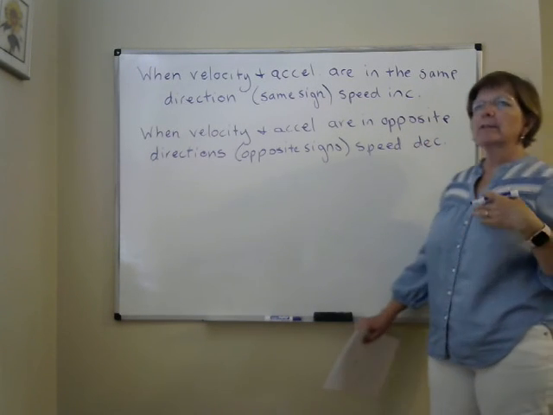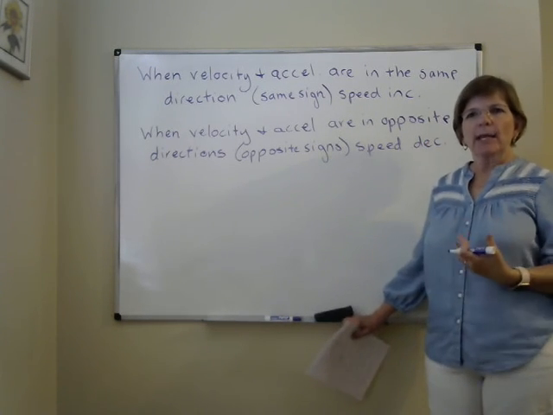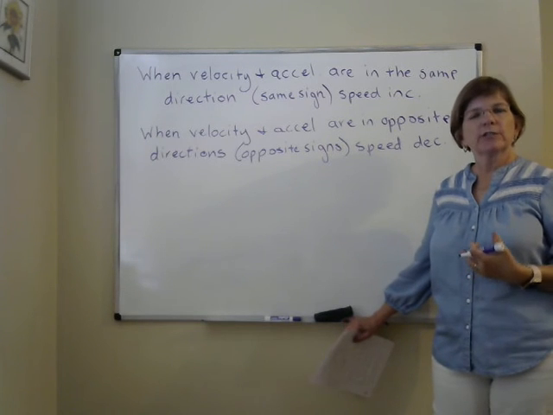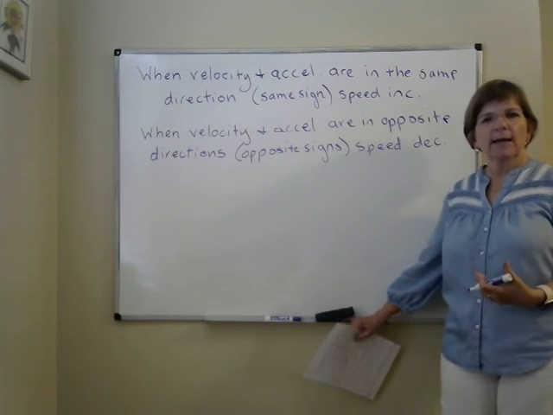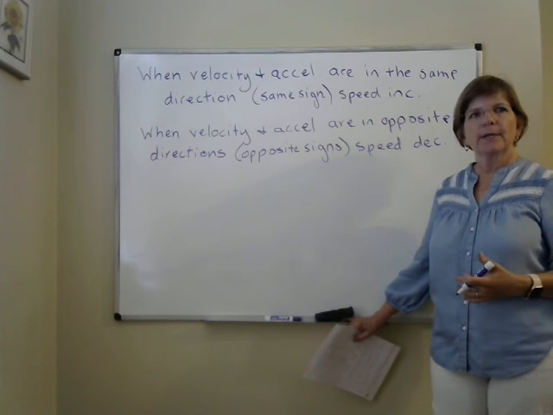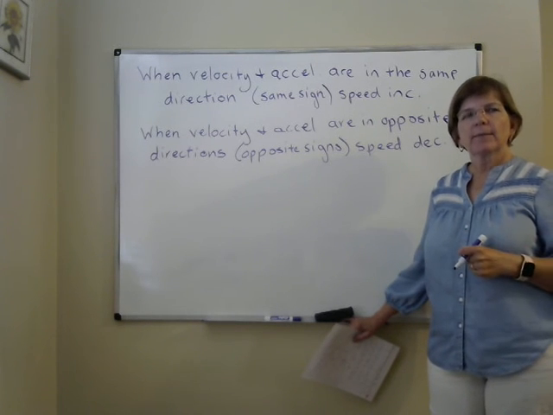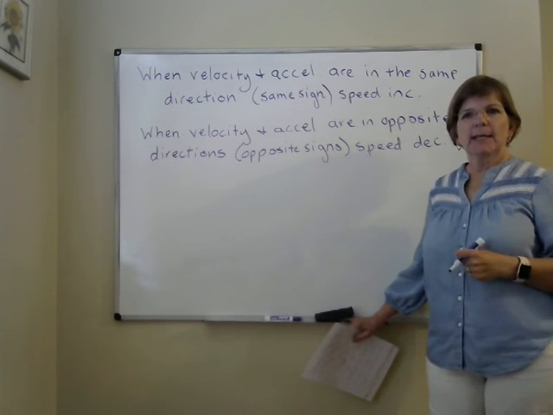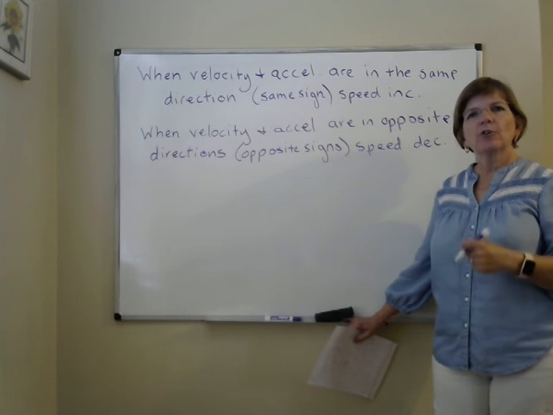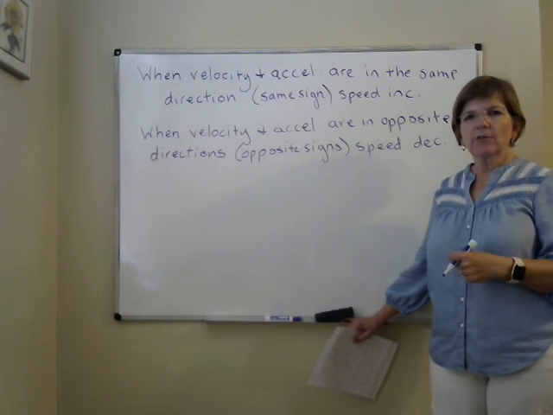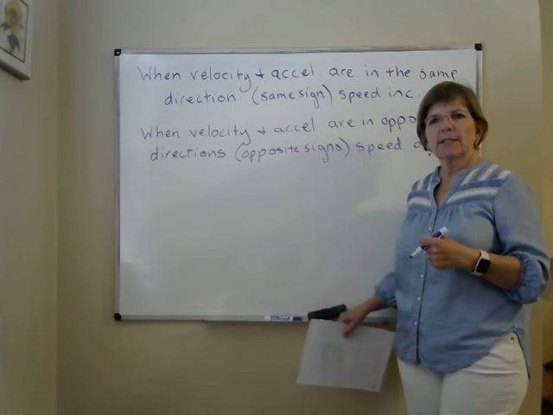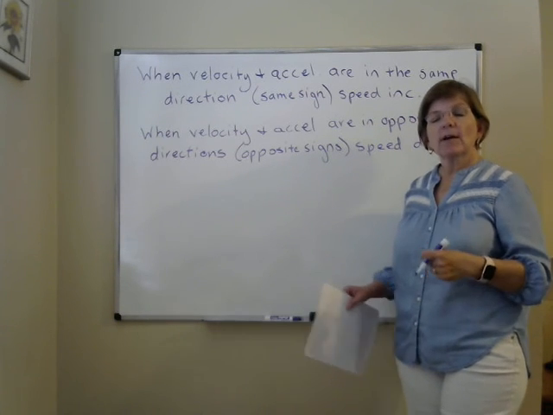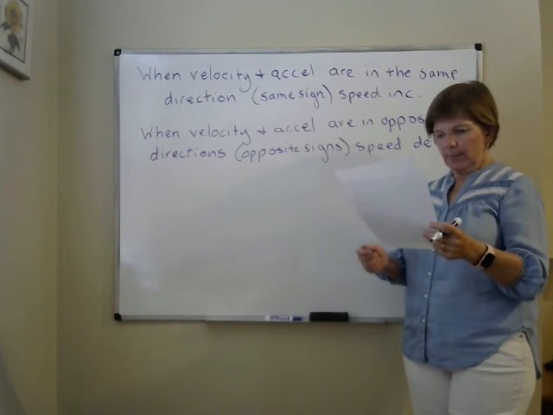So if you're driving to the north and you step on the brake, your acceleration is to the south. Your velocity is to the north, but your acceleration is to the south, and you're going to slow down and stop. Anytime something's gaining speed, getting faster, velocity and acceleration point in the same direction. Anytime something's slowing down, velocity and acceleration point in opposite directions.